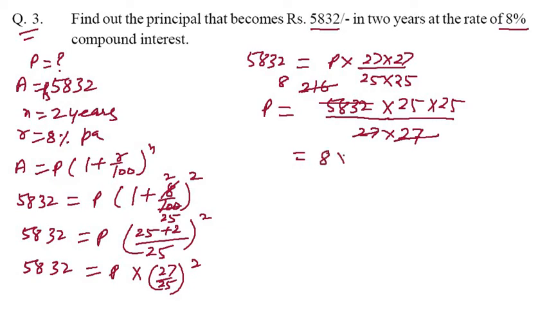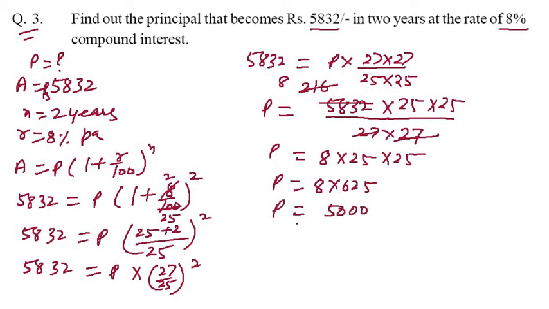So we get 8 into 25 into 25. 25 into 25 is 625, and 8 into 625 will give you 5000. So that is the principal, is equal to rupees 5000, and that one is your answer.